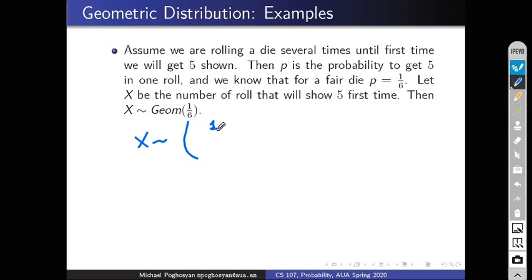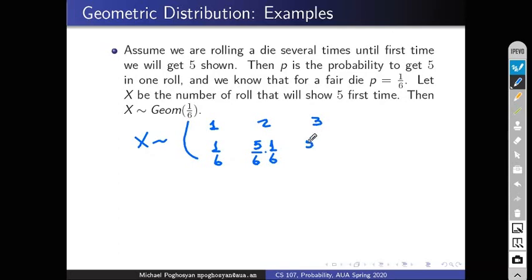This means that X has the following PMF. So it can take the value 1 with probability 1/6. So the first one was success. For X equal to 2, the second trial was success, and the previous one, the first one, was failure. So one failure, probability 5/6, times the success probability 1/6. X can take the value 3.